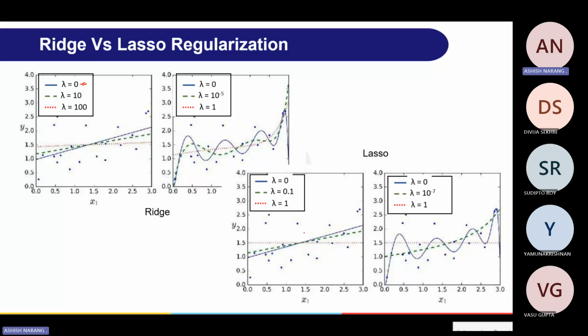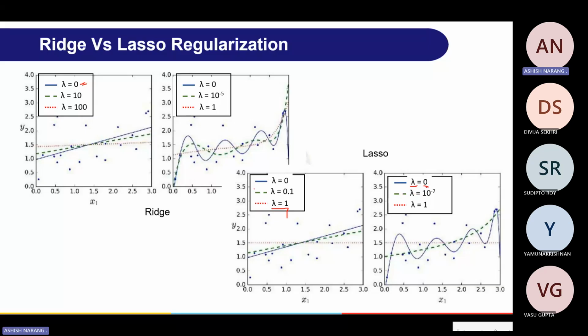If the lambda is 0, there is no regularization. When lambda is small, you see the weights shrink in a very small proportion, but the moment you increase it, the weights start approaching 0. Same thing goes here.